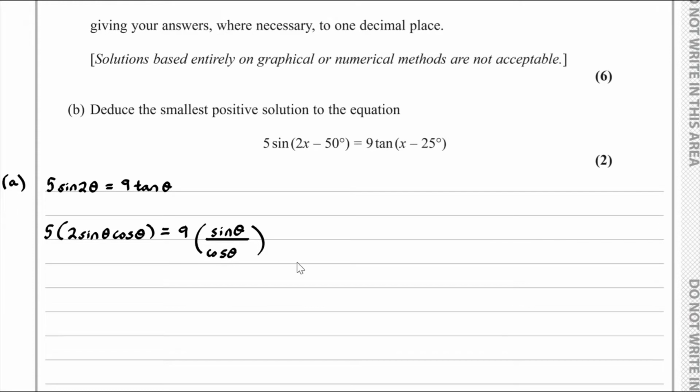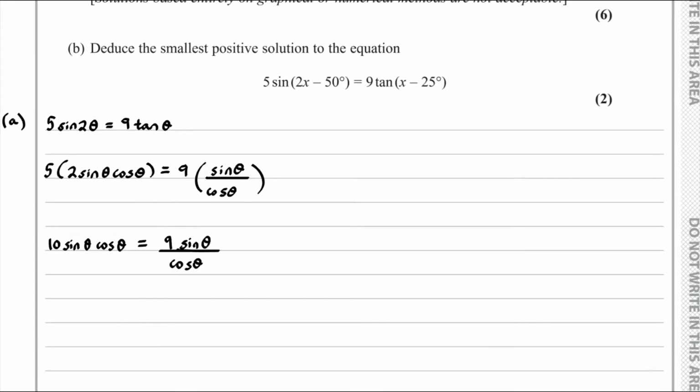And tidying all this up, we have 10 times sine theta cos theta, that's equal to 9 times sine theta over cos theta. And if we multiply both sides by cos theta, you'd find we have 10 times sine theta cos squared theta, that's equal to 9 times sine theta.